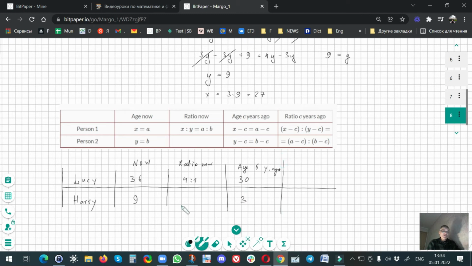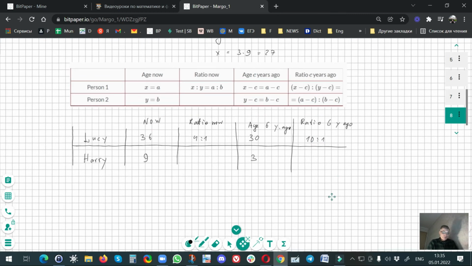And the ratio is beautiful. It's just 10 to 1. And the ratio 6 years ago: 30 to 3, it's 10 to 1. Here is the problem.